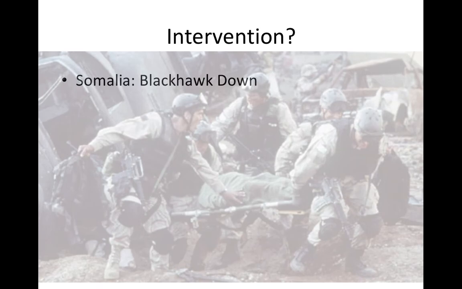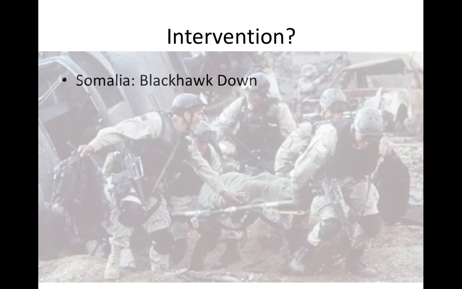Somalia. Somalia was a country where civil war erupted in 1991, and the president was overthrown. And over the course of several months and then 2 years, the war just kind of fell apart and degenerated into various clans and factions and warlords fighting each other, to the point where they were just destroying the country, and much of the farmland was destroyed, and people began to starve.